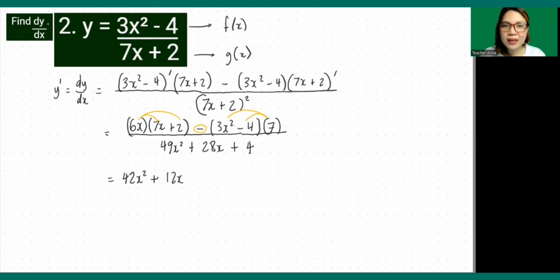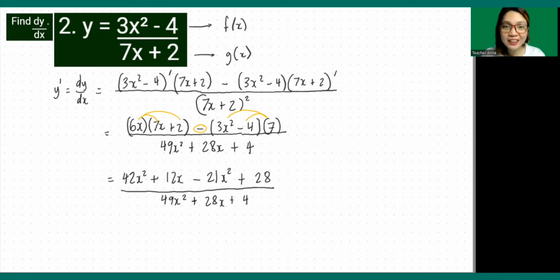And then 7 times 3 is 21x squared, and we have the negative there. So negative 21x squared. 7 times negative 4 is negative 28, and there's a minus sign there, so it will be a positive 28. And over 49x squared plus 28x plus 4.